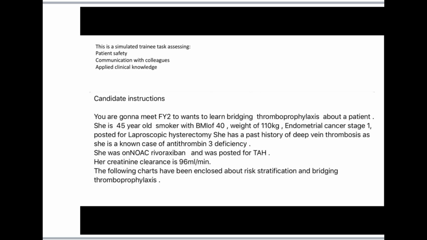In a simple way, when we have a patient who has a previous history of VTE, for example, and received treatment in the past in the acute event, and then they decided to put him on a long-term anticoagulant, like any patient who is having AF, for example.